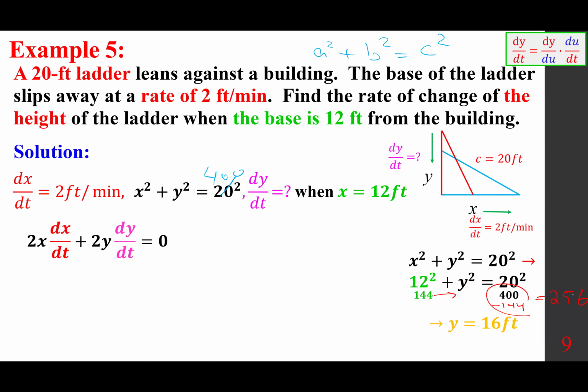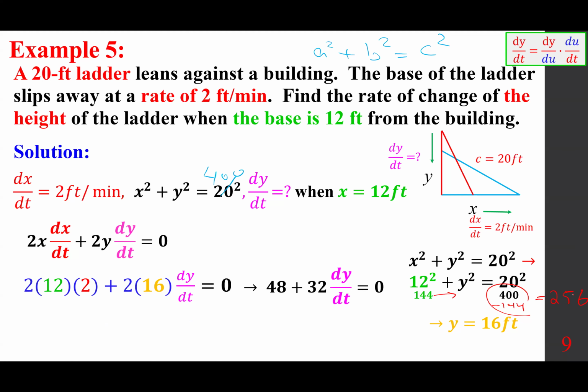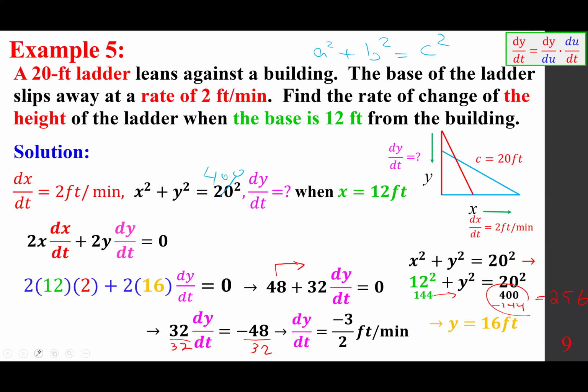We plug in. 2 times 12 times 2 is 48. 2 times 16 is 32. Move the 48 and make it negative. Divide both sides by 32. Both numbers are divisible by 16. dy/dt is negative 3 halves feet per minute.